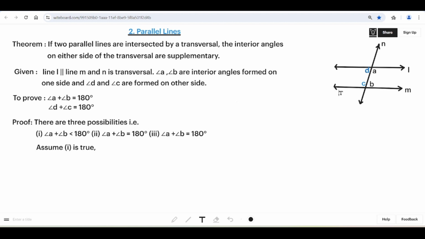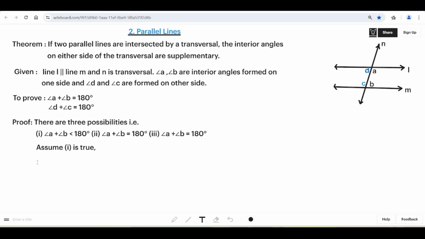Now we are assuming that A and B sum to less than 180 degrees, that is, A and B are not supplementary. Then according to Euclid's postulate, what will happen? These two lines L and M will intersect on the right hand side of the transversal.